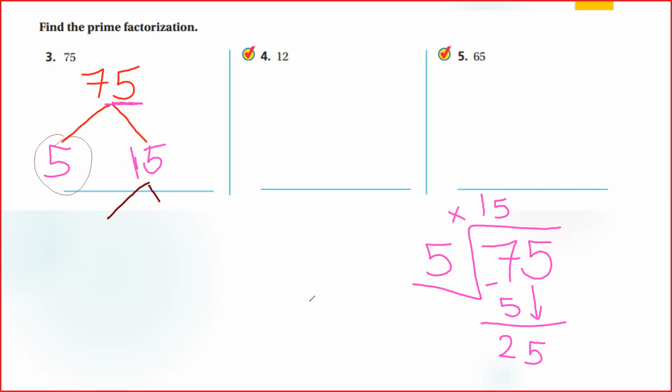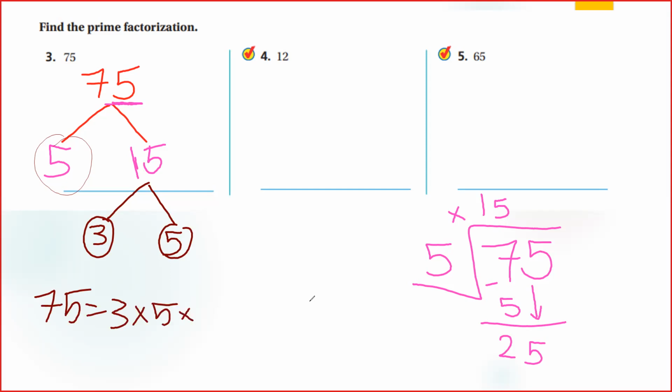Give me two factors that when you multiply them, you get 15. 3 and 5. So what are the prime factors now? The prime factors are 3 times 5 times 5. Bravo.